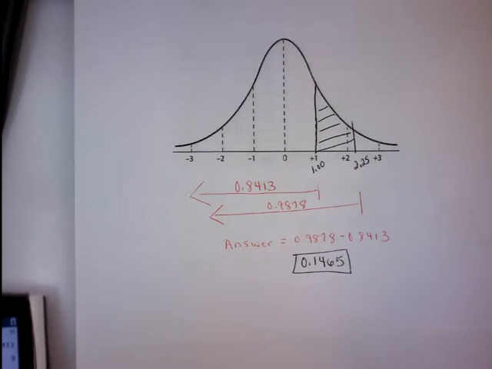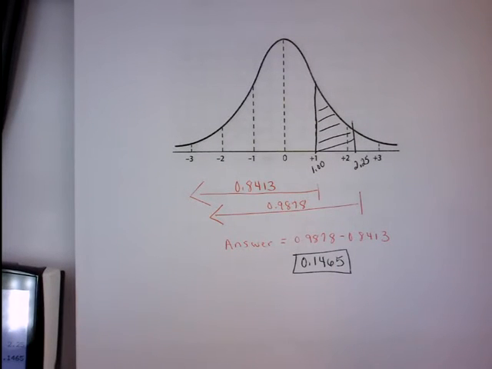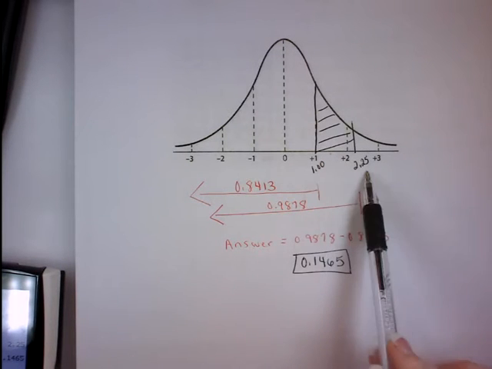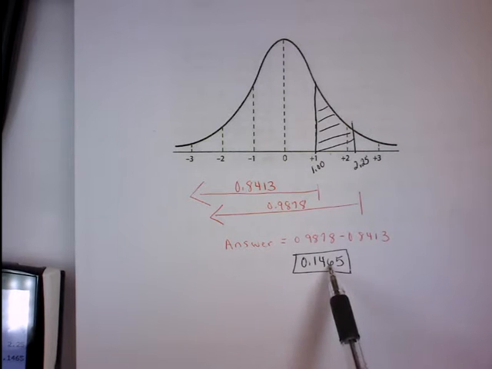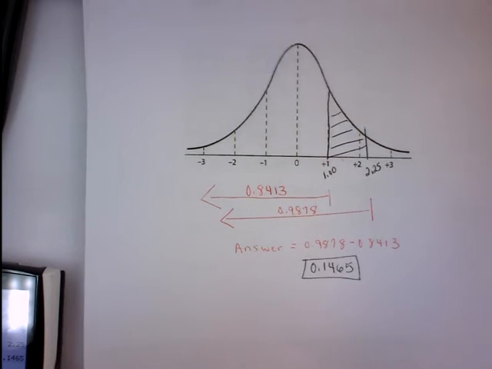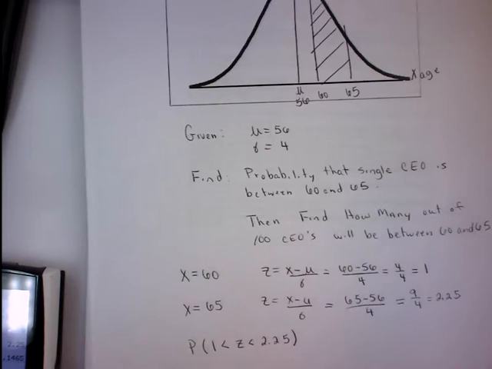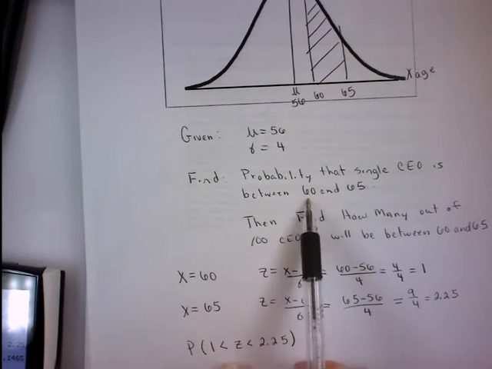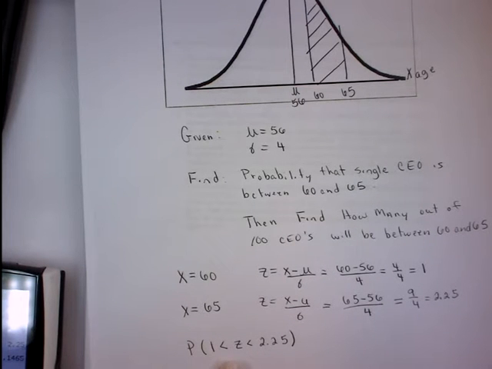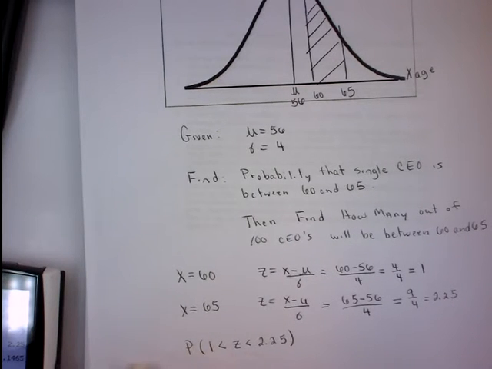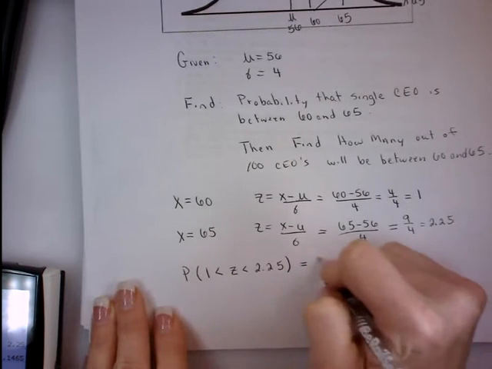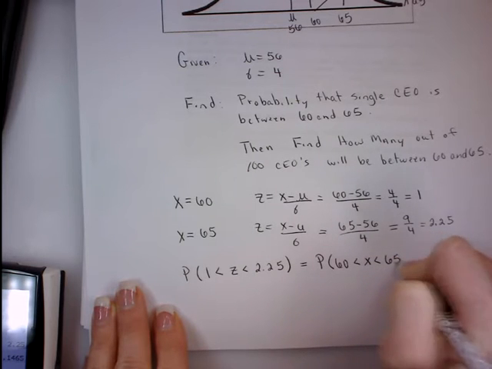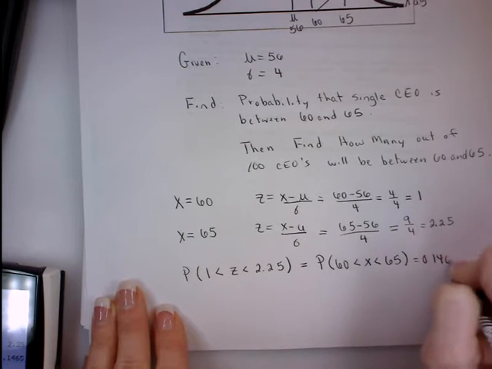So let's sum this up. This is the probability that a z selected at random will be between 1 and 2.25, 14.65%. That is also the same as the probability that a single CEO selected at random will be between 60 and 65 years old. So I'm going to write that down. .1465.